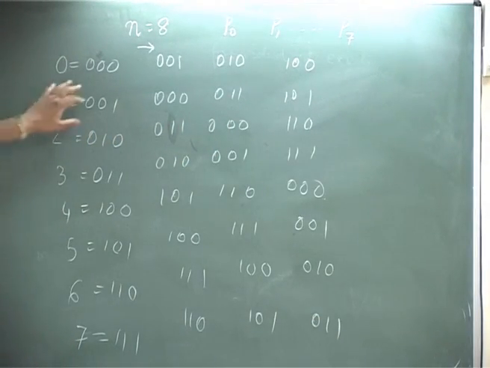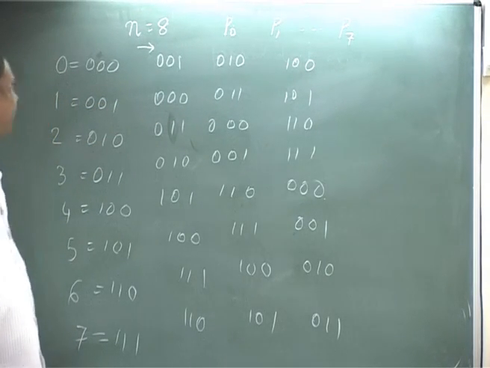So P0 is connected with these three processors because there are k connections.